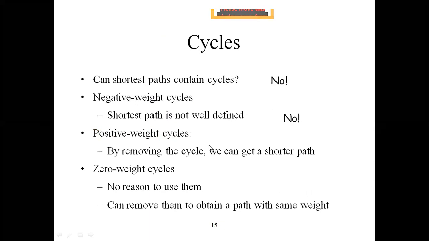Positive weight cycles: by removing the cycle, we can get a shorter path. Zero weight cycles: no reason to use them. We can remove them to obtain a path with the same weight, and easily find the shortest path.